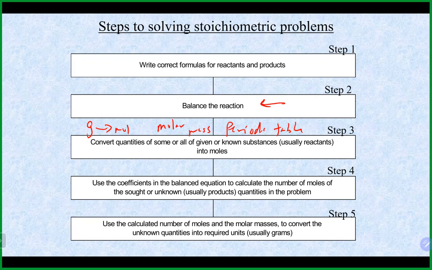So really in stoichiometry problems, in a lot of cases, you're given information about one substance in the reaction. And frankly, you're not that interested in that one, but you're interested in another substance in the reaction. So you need a way to go from one substance to the next.